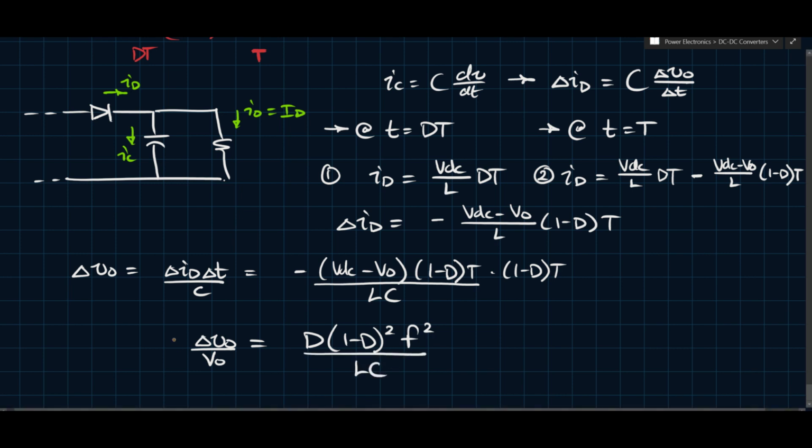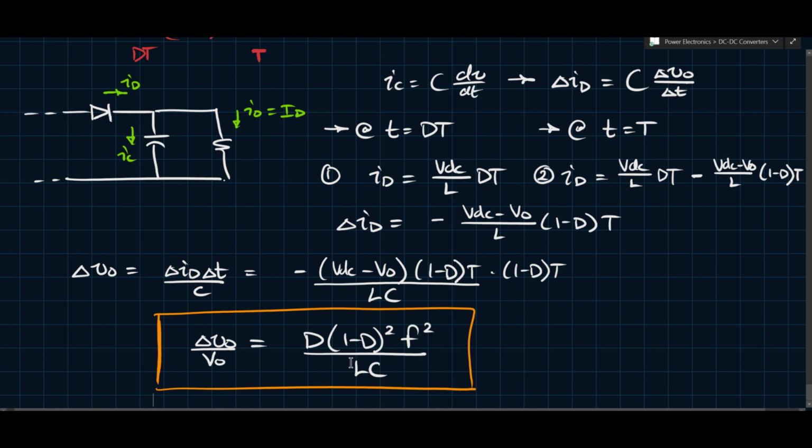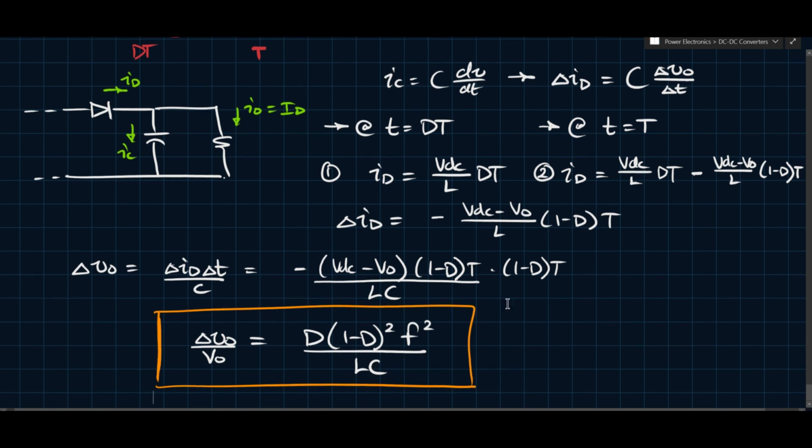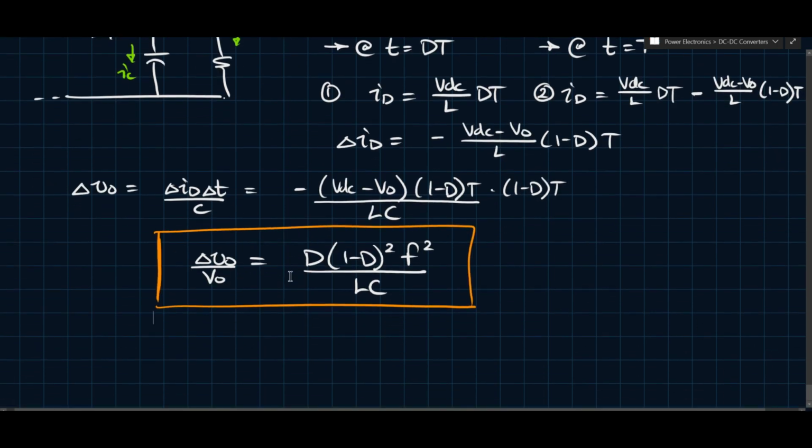And if you saw the previous video where I discussed the buck converter, I rearranged this and simplified it in terms of an FC. You can do the same thing here if you want. I decided to leave the equation in this form for this case, but you can also write FC equals 1 over 2 pi root LC, and then you can basically substitute this, you can turn this into FC squared times 2 pi all squared, and this is going to be 1 over LC.